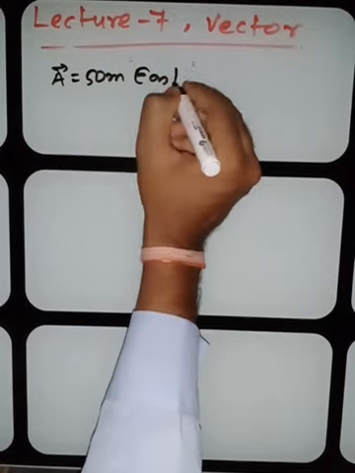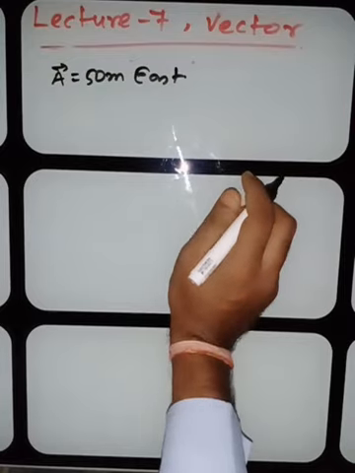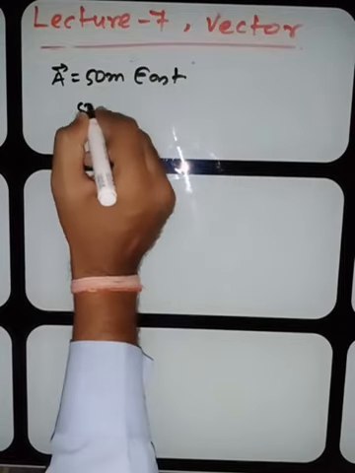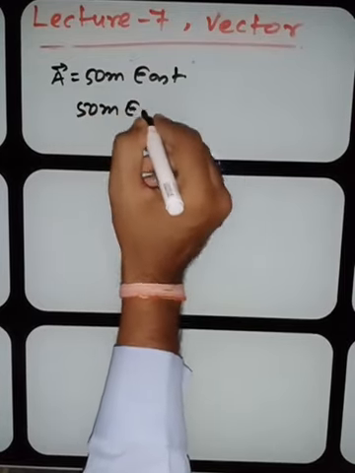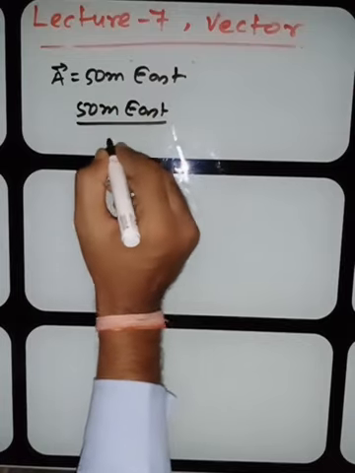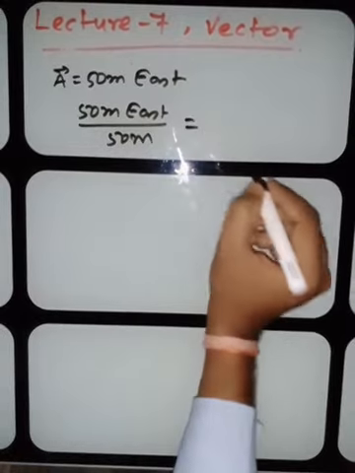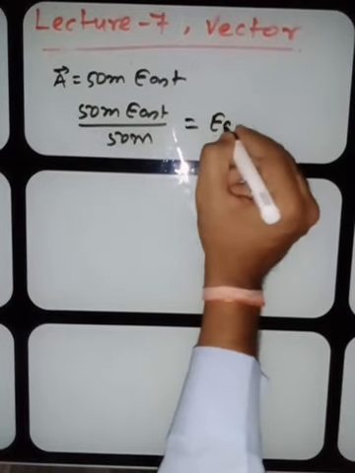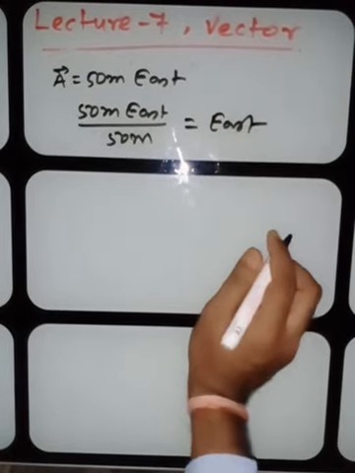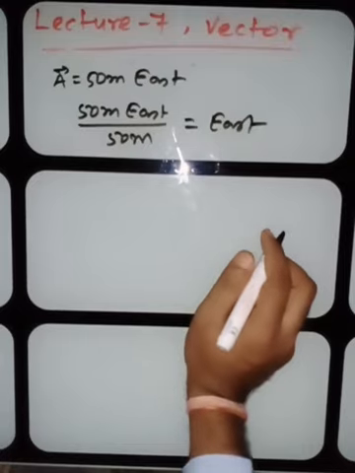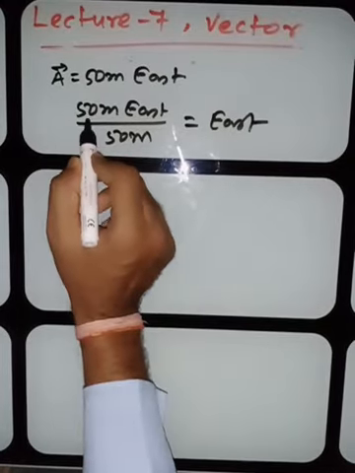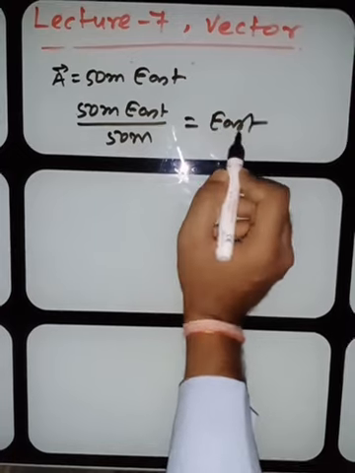What will happen if you divide this vector, 50 meter east, by its magnitude, 50 meter? What will you get? You will get only east. It means dividing any vector by its magnitude gives its direction.